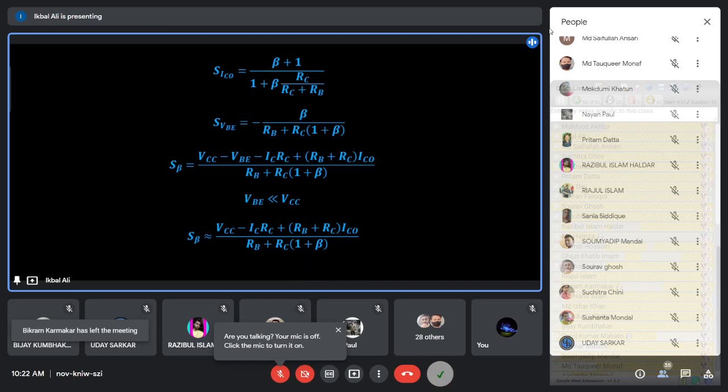And S beta equal to this one. Now, all these three stability factor parameters are for the collector to base bias circuit. From these expressions alone, you cannot understand whether the collector to base bias circuit is really good or not. We will now compare these expressions with the fixed bias circuit, the previous one.